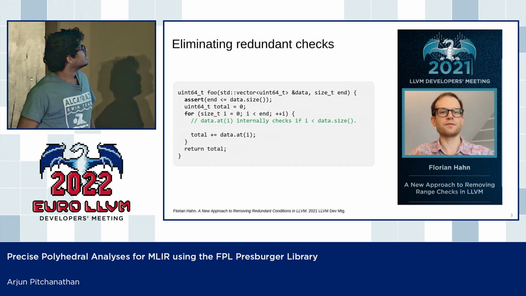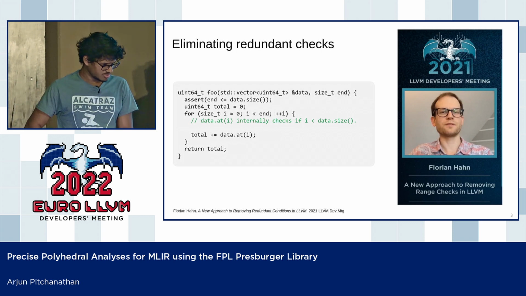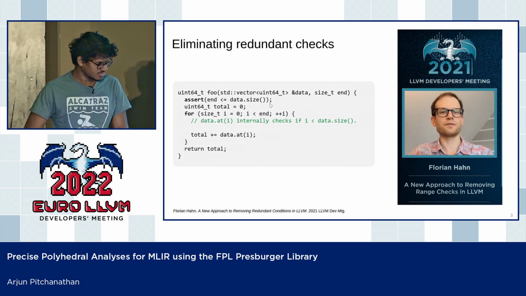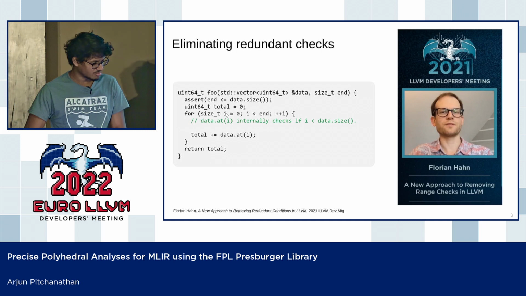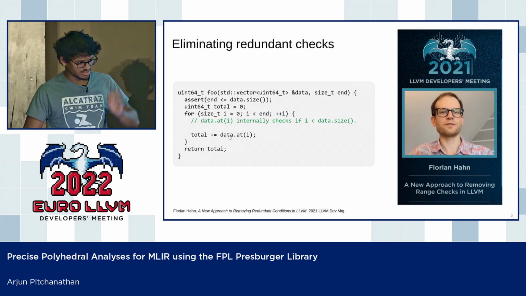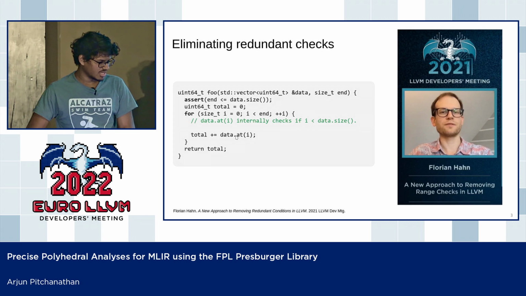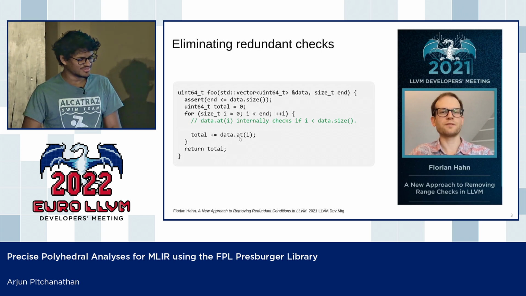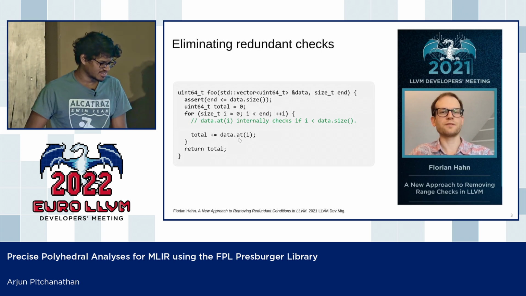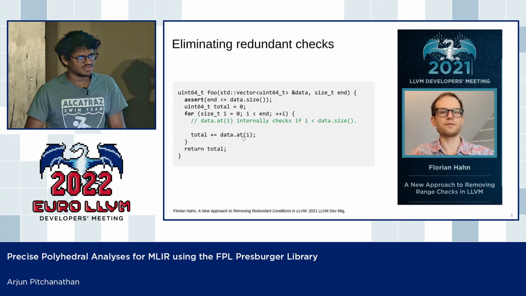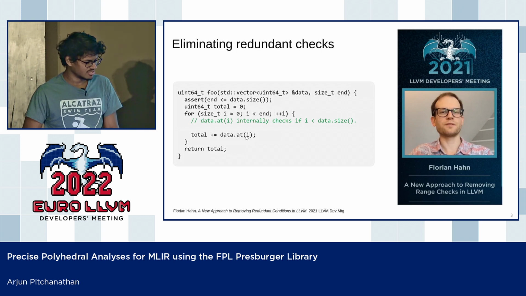So essentially what he was doing was, take a look at this code snippet. You have a standard vector, and you have an end, and you iterate from i equal to 0 till end, and just add up the elements. Note that we don't access data through the operator square brackets, but with .at, and in case you've been working with no exceptions for a very long time, .at is supposed to throw an out of bounds exception if it's out of bounds.